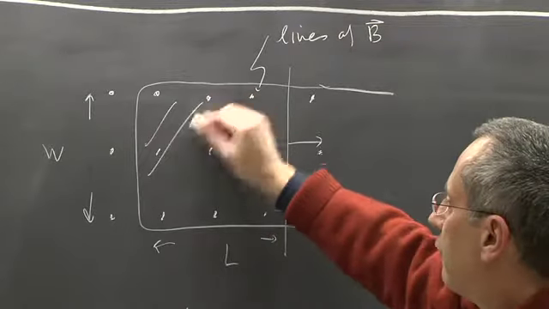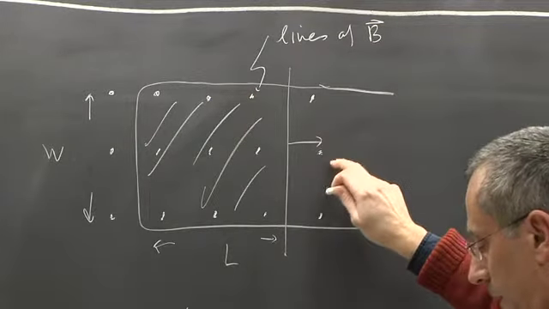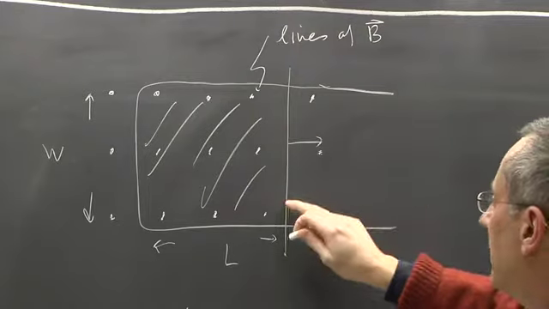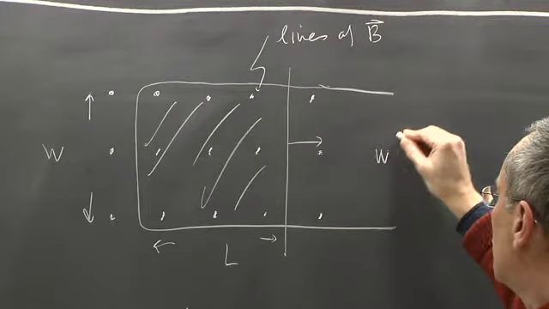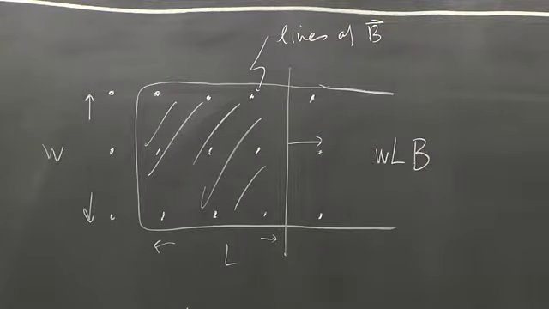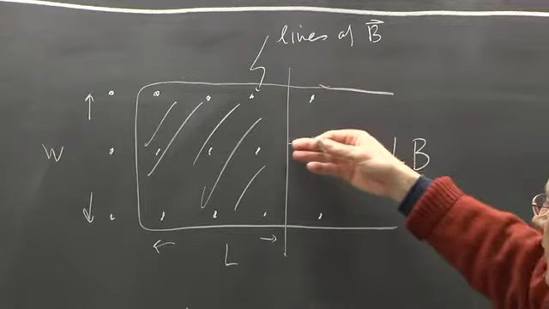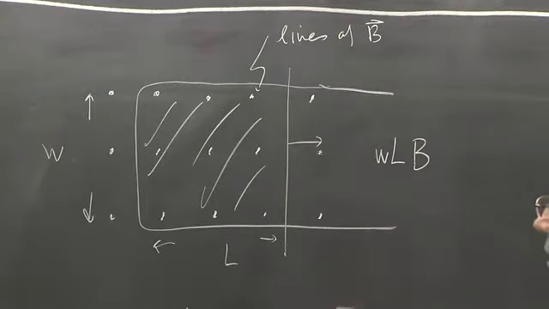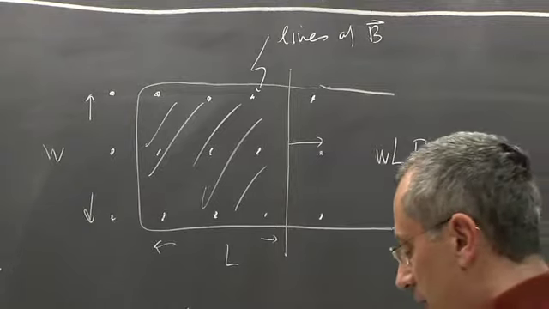So the flux at the initial moment is just W L times the B field. But now I'm pulling this away, so essentially the change here is going to be what?